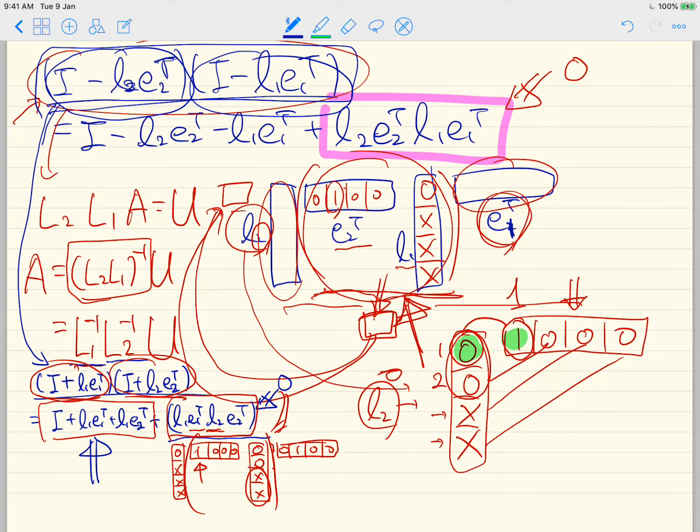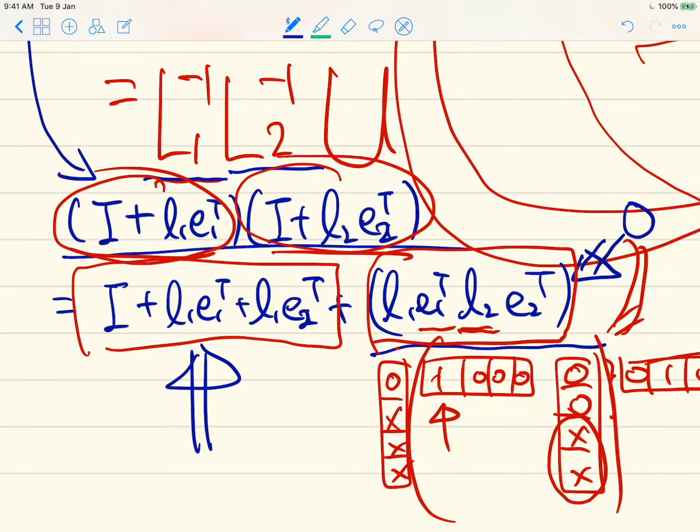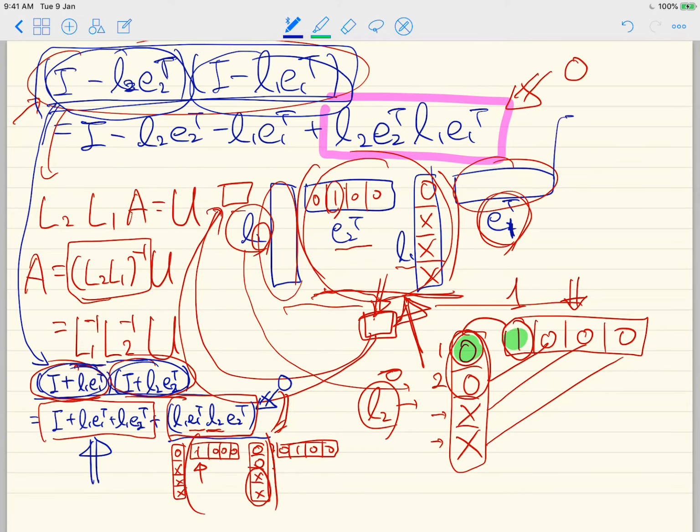So in this case, the way of understanding this matrix was like, starting with this identity matrix, and then we fill up the first column of the lower triangular part, right?